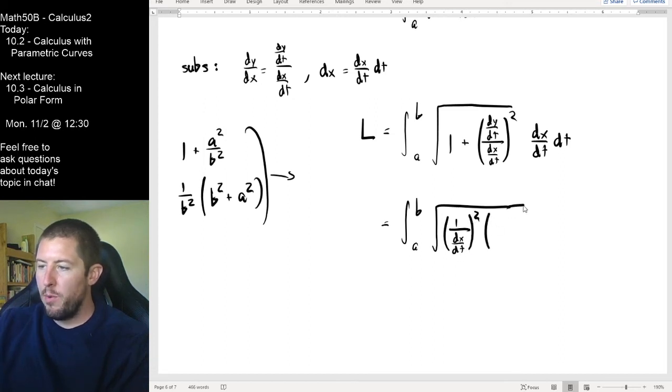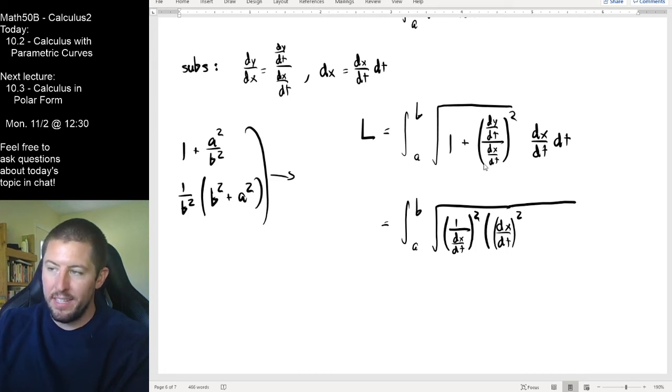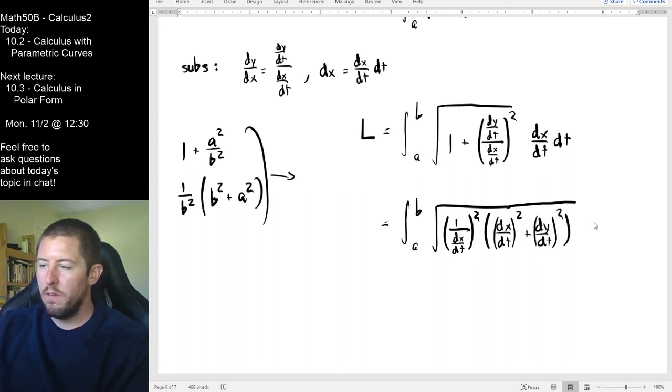What that's going to leave me with inside of the square root, since I'm dividing out a (dx/dt) squared from 1, that means it has now 1 whole (dx/dt) squared. I have also divided out the denominator (dx/dt) squared from (dy/dt over dx/dt) squared. So this should just be a (dy/dt) squared. And we still have our dx/dt floating on the outside.